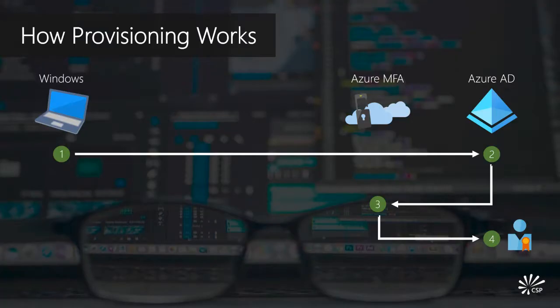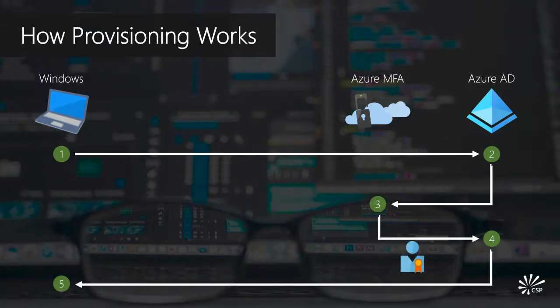Another strong authentication method is being provided to start this process. So Azure is going to then send this access token back to Windows to be used to generate the Windows Hello for Business credential.